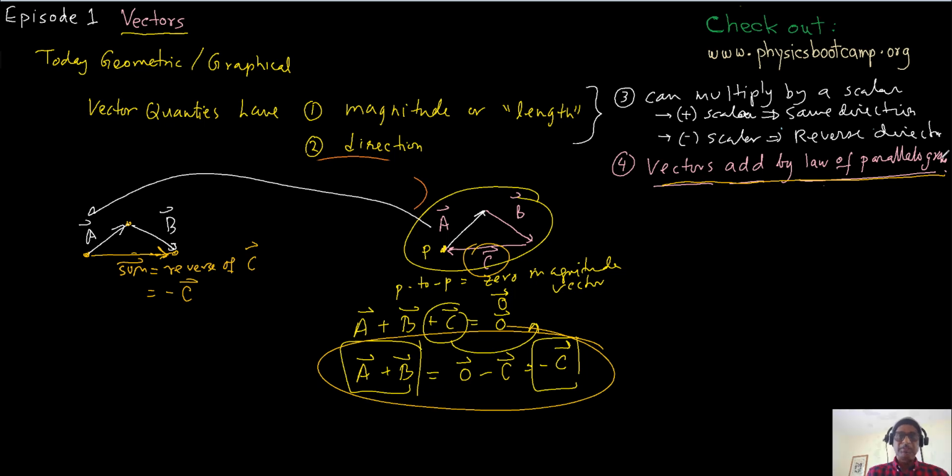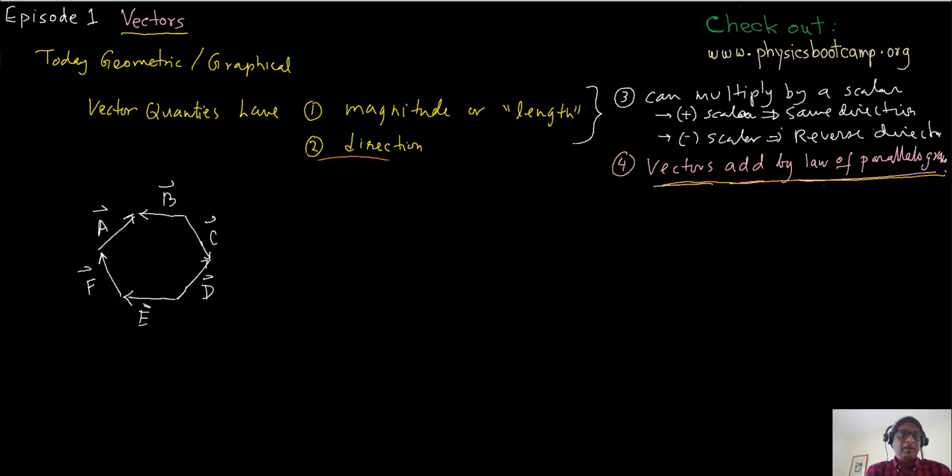Okay, let me do one more. So I have a diagram in which the vectors are just drawn without regard to whether you want to add them or not, and we want to be able to tell what the relationship is. So if you look at this and say I start from that point P and go around, I'll come back. So I go here, it's fine.